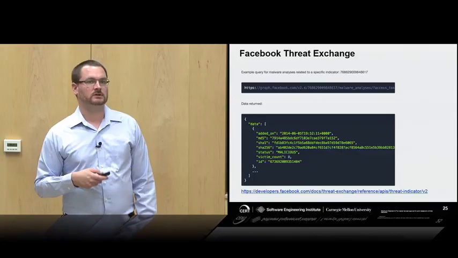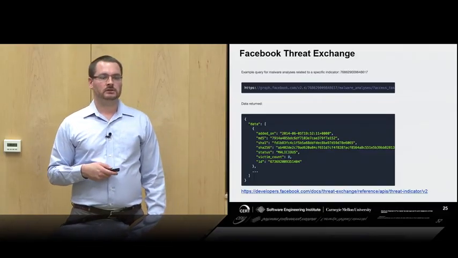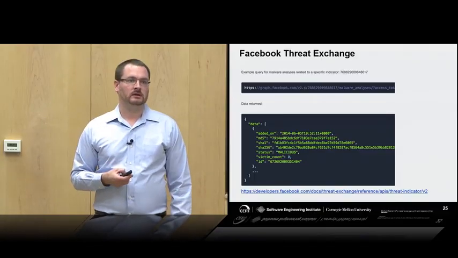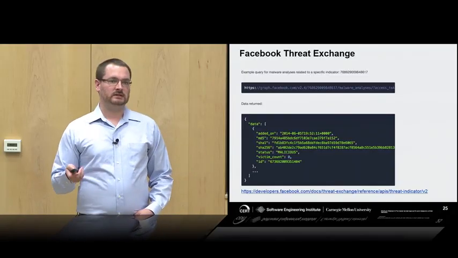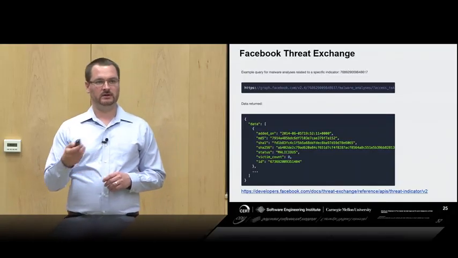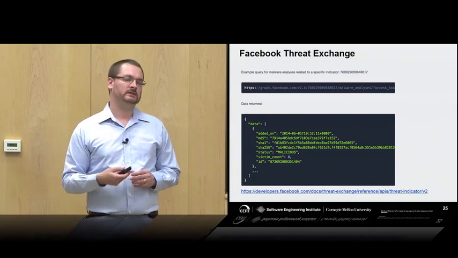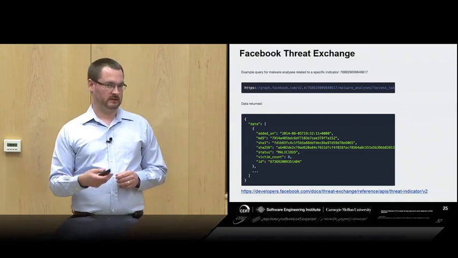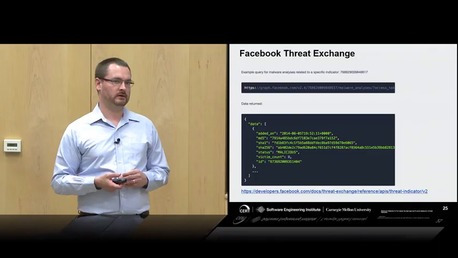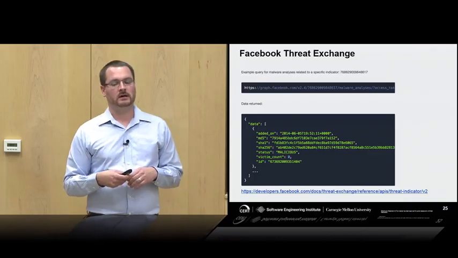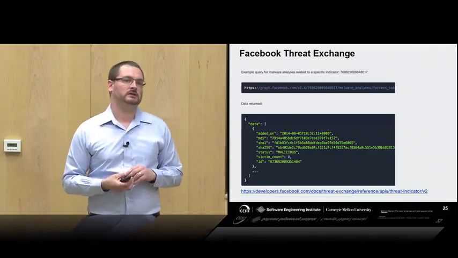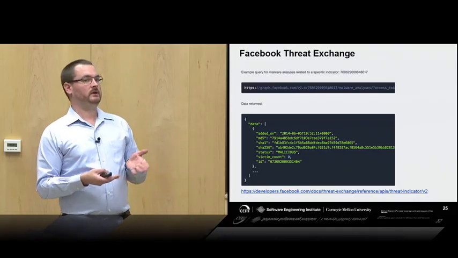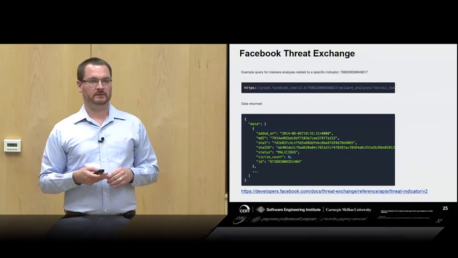The MD5 signature is this string. The SHA-1 signature is that string. The SHA-256 signature is this string here. I can give it a current status, and I can query and see how many victims have reported that they've encountered this particular indicator. So if I've encountered it, I can query the ThreatExchange and ask how many other people have encountered any of these values and find out the answer.